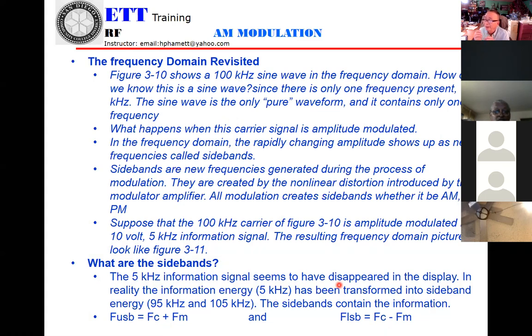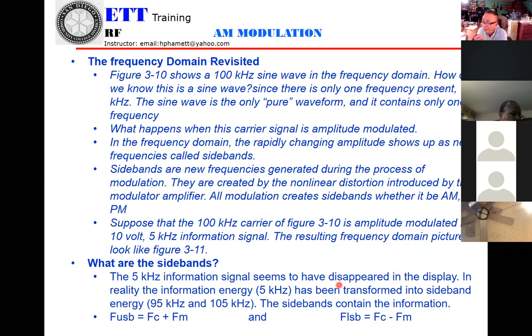The sine wave is the only pure waveform and it contains only one frequency. What happens when this carrier signal is amplitude modulated? In the frequency domain, the rapidly changing amplitude shows up at the new frequency called a sideband.